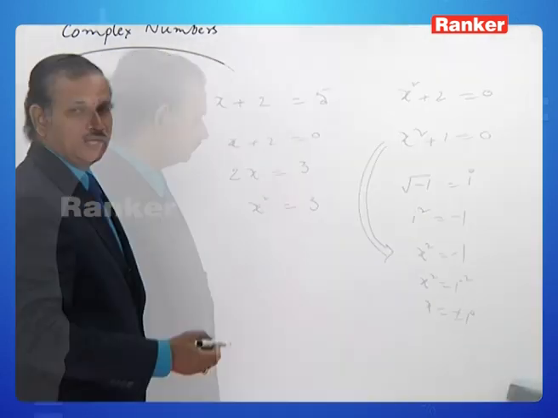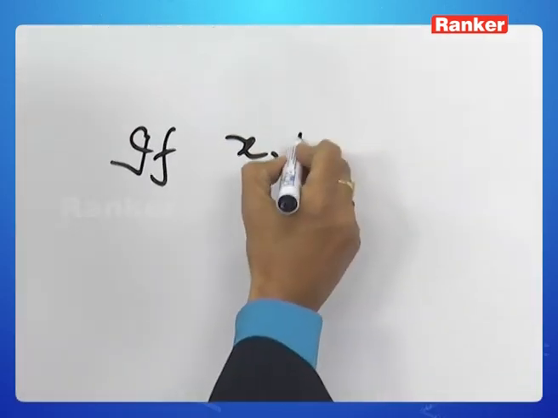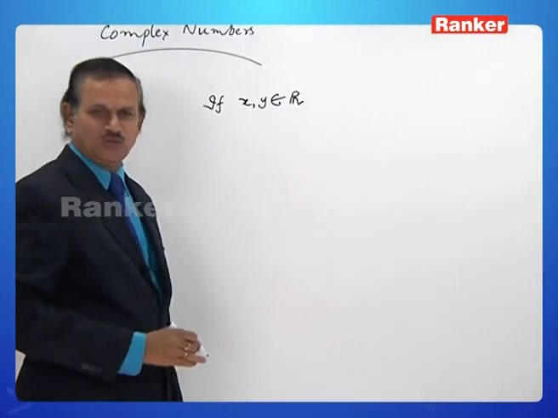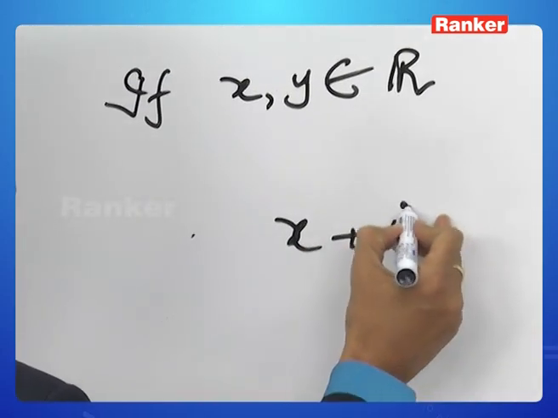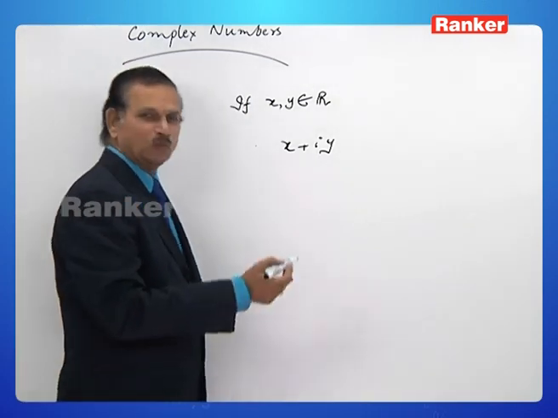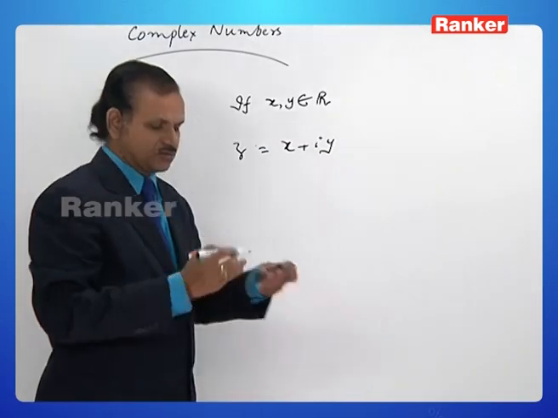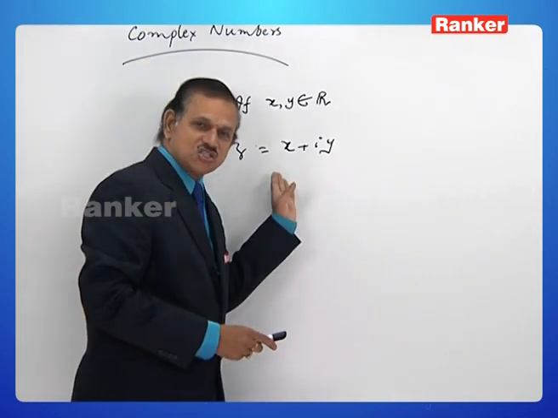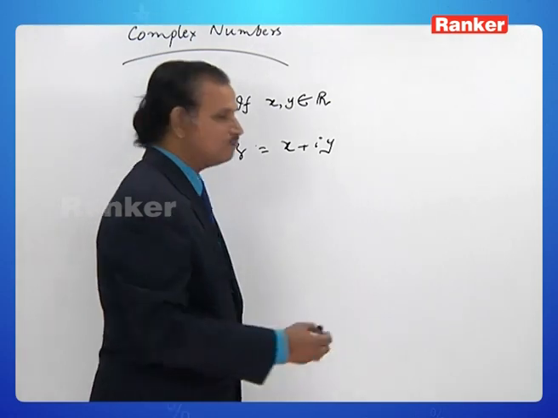Now, if x and y are any two real numbers, if x, y belong to R, then a number of the form x plus iy, for which we generally use letters like z, z1, z2, z3, etc., to represent such numbers, is called a complex number.